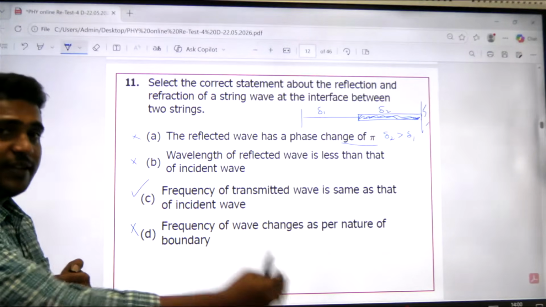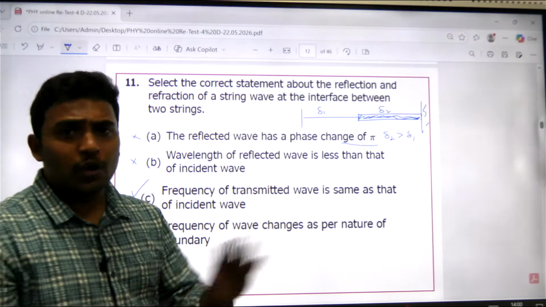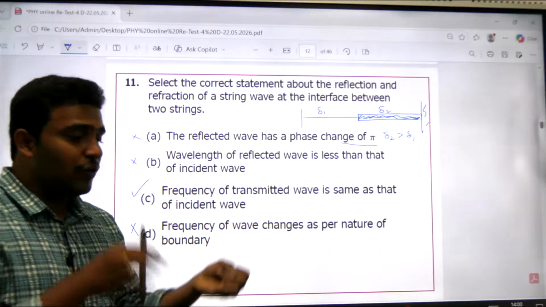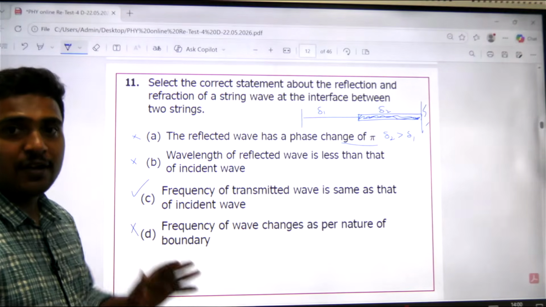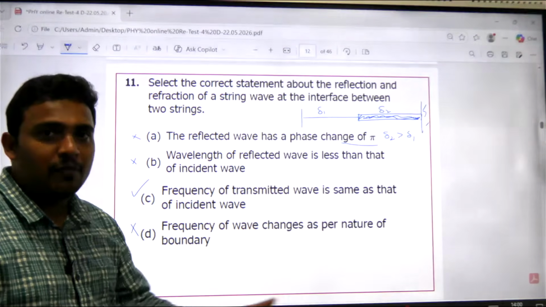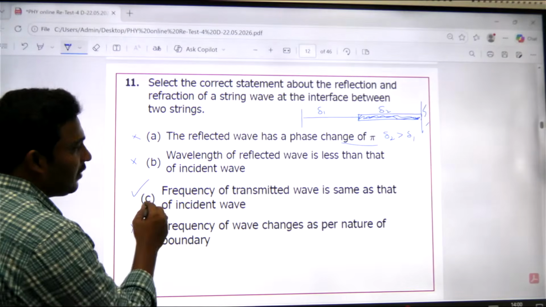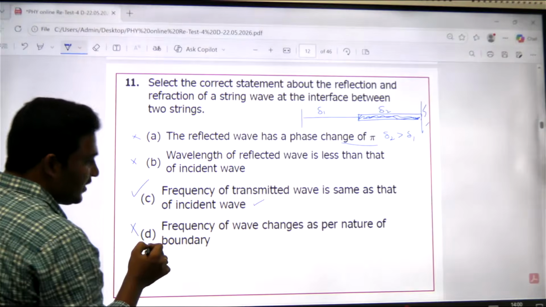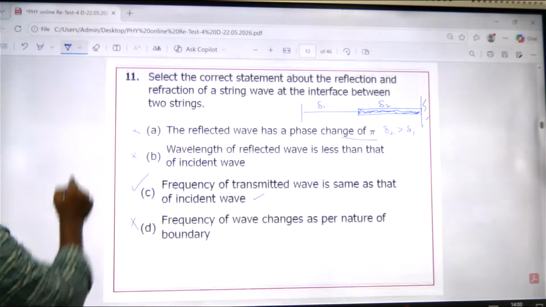If your ray is traveling from one medium to another medium, there is no change in frequency whatsoever. It is always true for any kind of medium. It is true for sound, it is true for light, it is also true for the waves traveling in a string. If any wave is traveling from one medium to another medium, the only thing which remains constant is its frequency. So here the frequency of the transmitted wave is same as that of the incident wave. Correct. And option 4 is exactly opposite to option 3. So option 4 is wrong and option 3 is right.